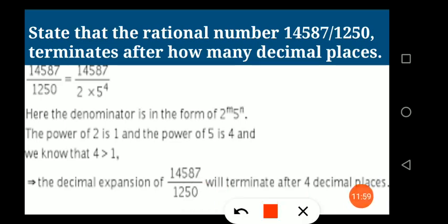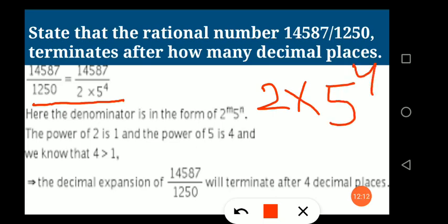First step, we will convert the denominator into the form of 2 and 5. So here the denominator is 2 into 5 to the power 4. We will find the greater power. Here 4 is the greater power among the powers of 2 and 5. So the decimal expansion terminates after 4 decimal places.